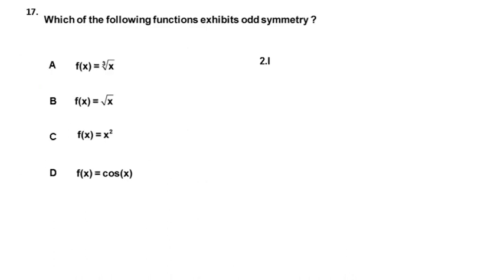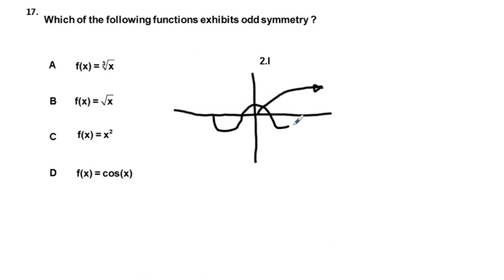17. Which of the following functions exhibits odd symmetry? And we talked about this quite a bit. Answer choice B is a square root function and has neither odd nor even symmetry. D, a cosine function, has even symmetry. It looks something like this, even symmetry.